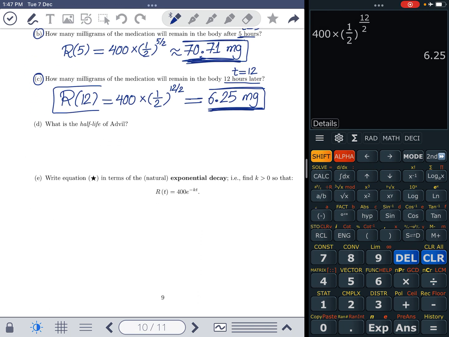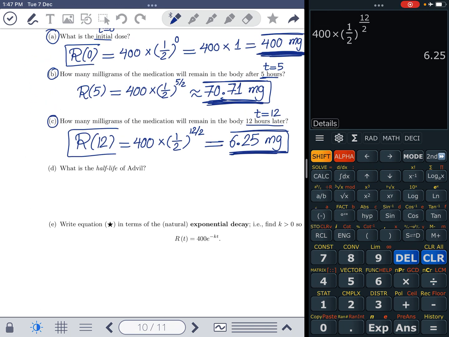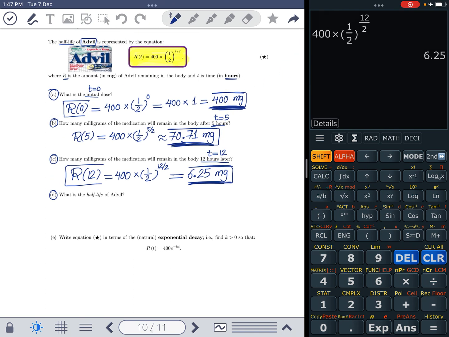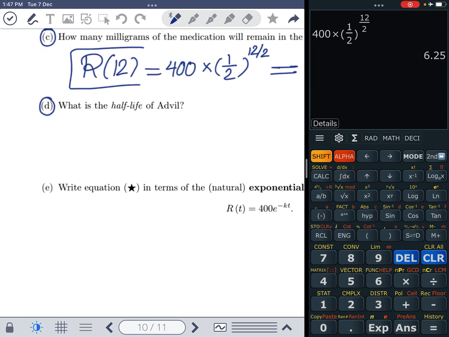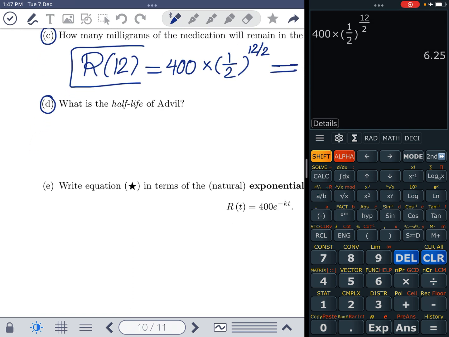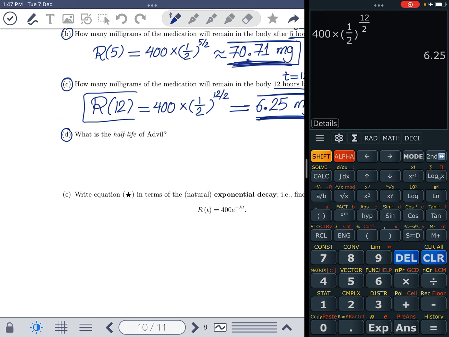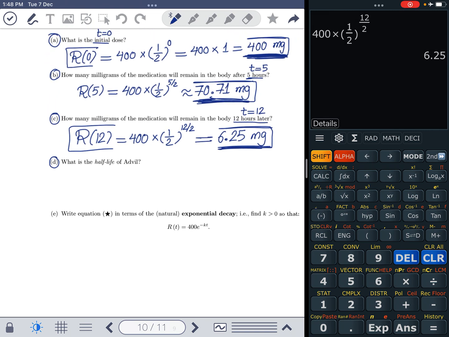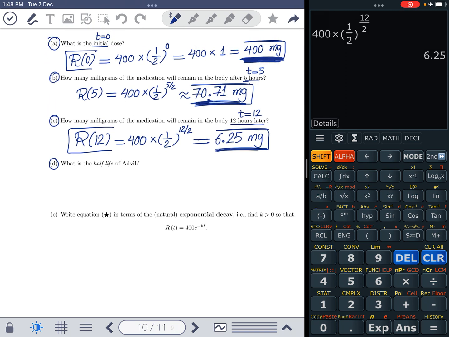Okay. So the question now, part D: what is the half-life of Advil? Half-life means the amount of time to become half of the initial. Remember, the initial amount was 400.